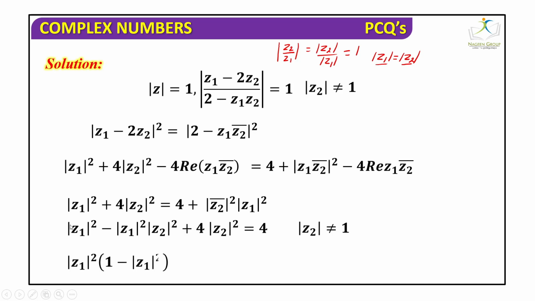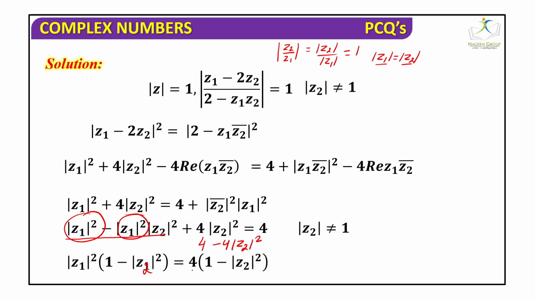From this we can take common, right? What is common here? |z1| squared, from these two terms. So we are left with 1 minus |z2| squared, and this is equal to 4 times, we take that side, minus 4|z2| squared, right?